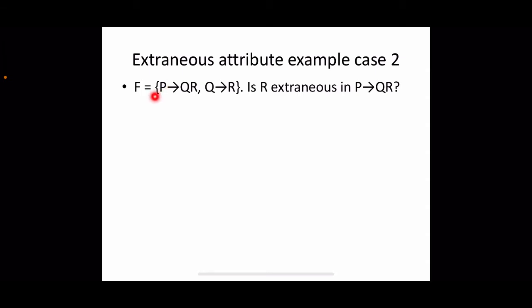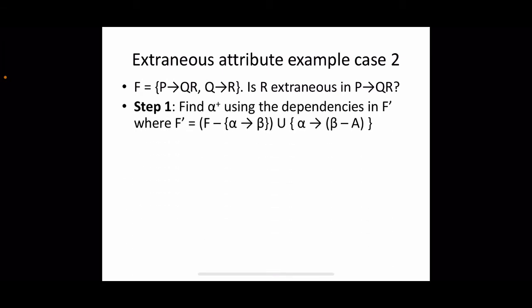Again the same thing here, but the dependencies are P determines QR and Q determines R. So we are suspecting whether this R is actually extraneous. Okay. So A is R here. So within this P determines QR whether R is extraneous or not. We have to check it.